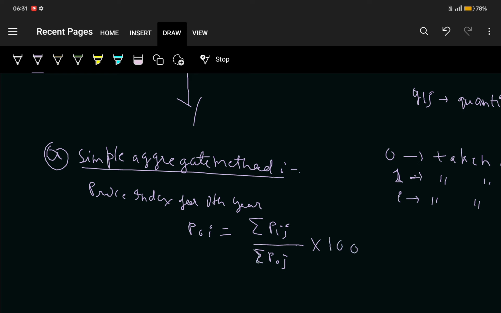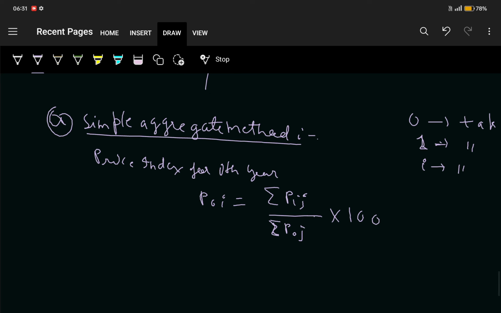समीशन मीन्स सारे कमोडिटीज की जो प्राइजेस हैं उनका सम कर लेंगे, एंड सिमिलरली क्वांटिटी इंडेक्स फॉर ith year is denoted by Q0i.